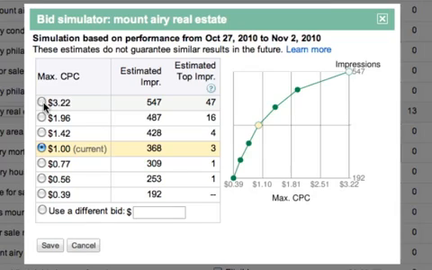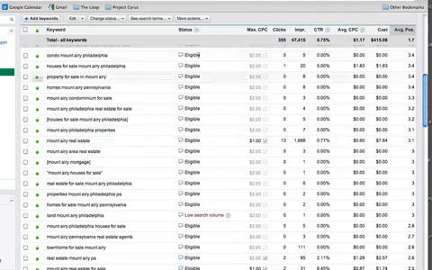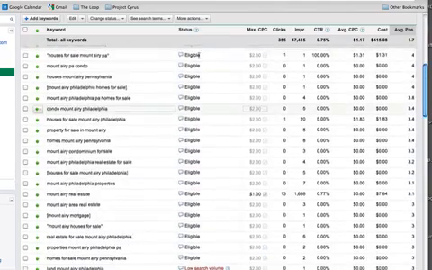You want to do it and test and see how much you end up paying and how much extra visitors you get because of that. That would cost $3.22 and get him almost double the amount of exposures there, but far more in the top 3 there. So that's how you can look at each of the individual terms.